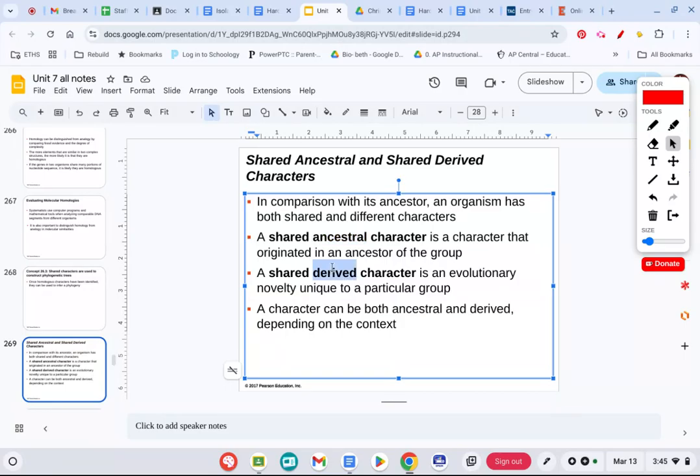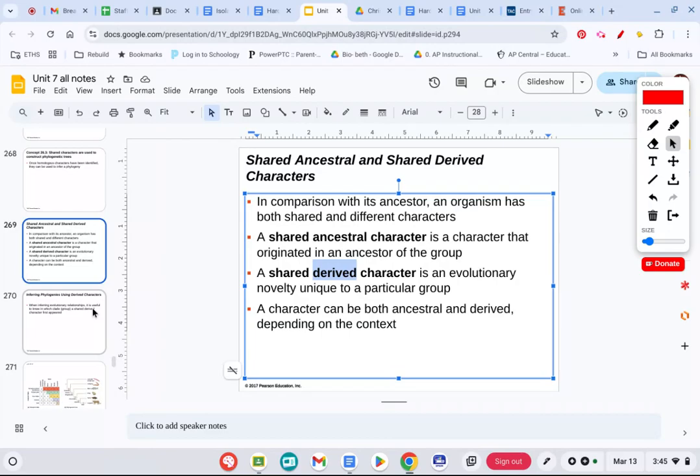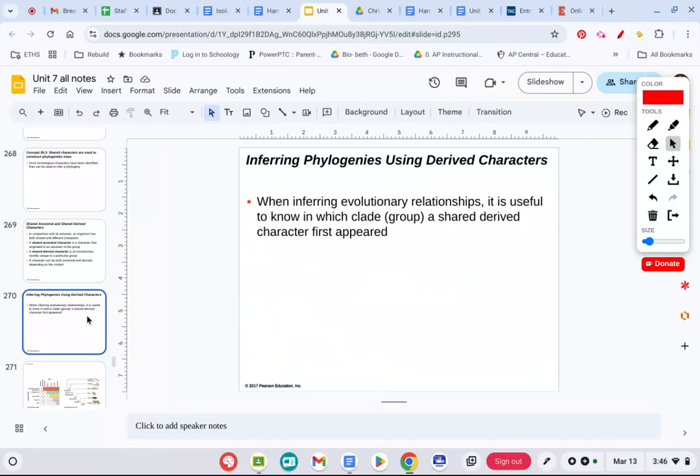The derived is unique in that it's not shared by everybody in the ancestral group, but instead only by a subset that has evolved a unique trait or character that was no longer there, that was not there in the original ancestor. I'm going to give you an example of that that will hopefully help.